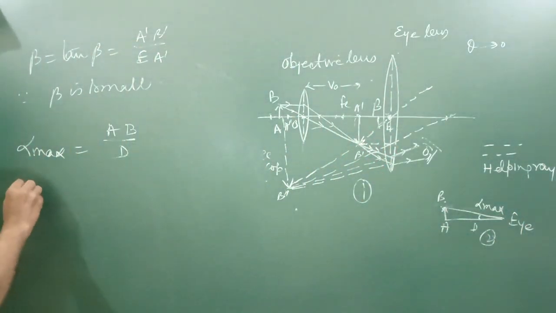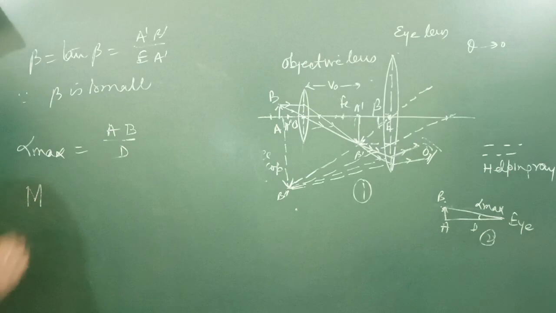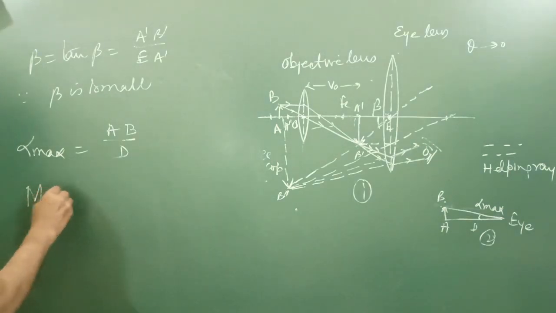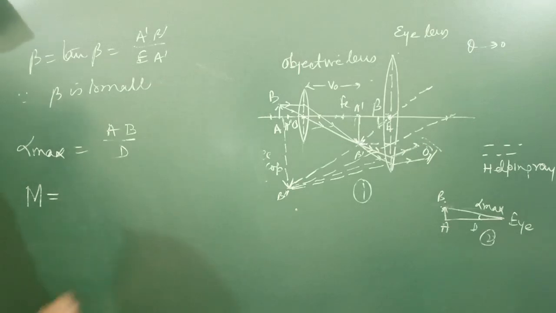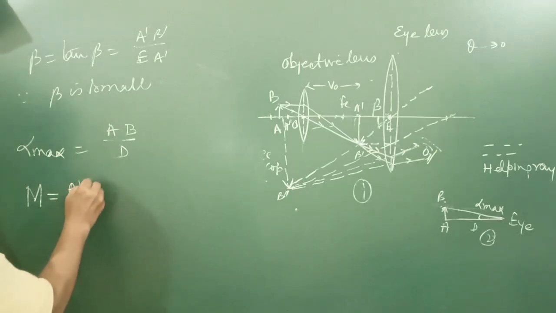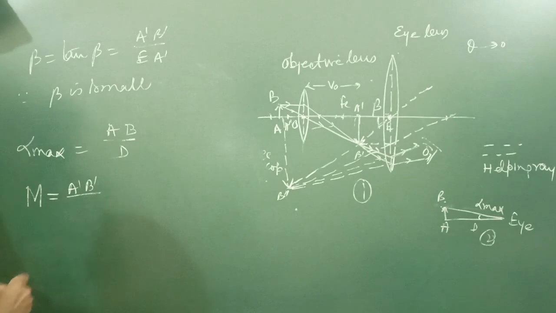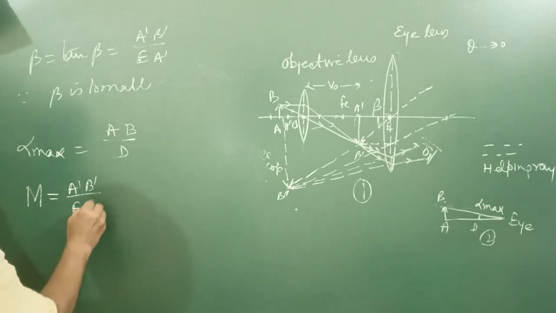So M, capital M, magnifying power, not magnification, magnifying power, is beta upon alpha. Beta is A dash B dash upon E A dash.